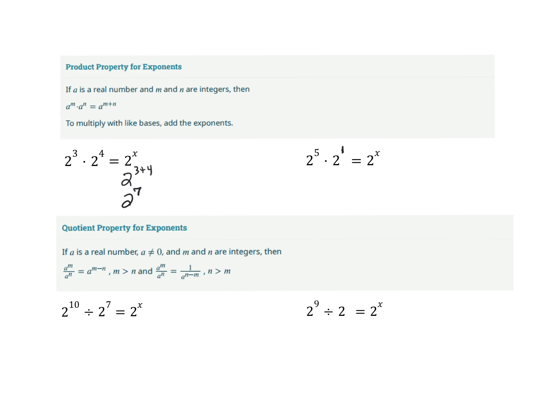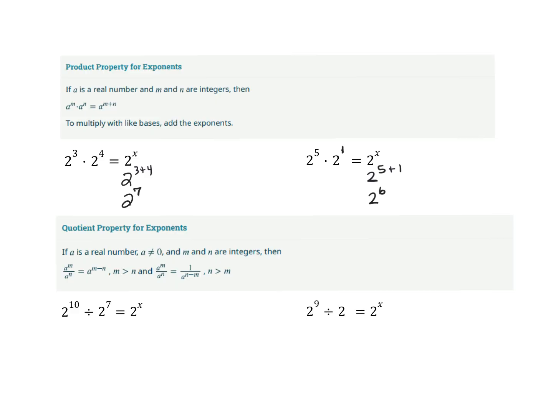So 2 to the first power is the same as 2. So now we have like bases of 2 being multiplied together, so we would take 2 to the 5 plus 1 power, and that would give us 2 to the 6th power.